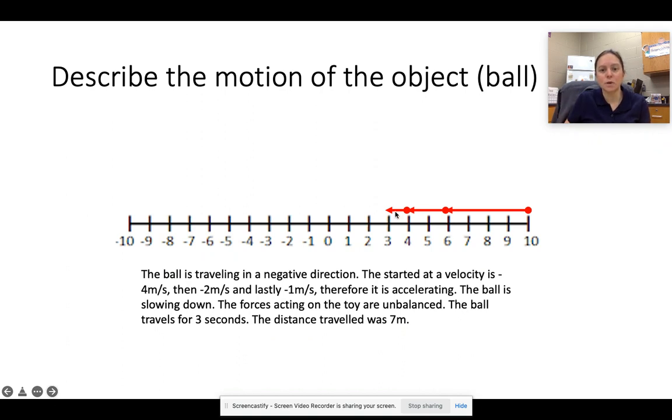And this last one, it only went 1 meter. So notice over those 3 seconds, there's a change in velocity, and therefore it's accelerating. We can say that the ball is slowing down. Because there's an acceleration, the forces acting on this toy are all unbalanced. And if we want to give a little more detail, we can say that the ball traveled for 3 seconds and that it traveled a total of 7 meters in those 3 seconds.